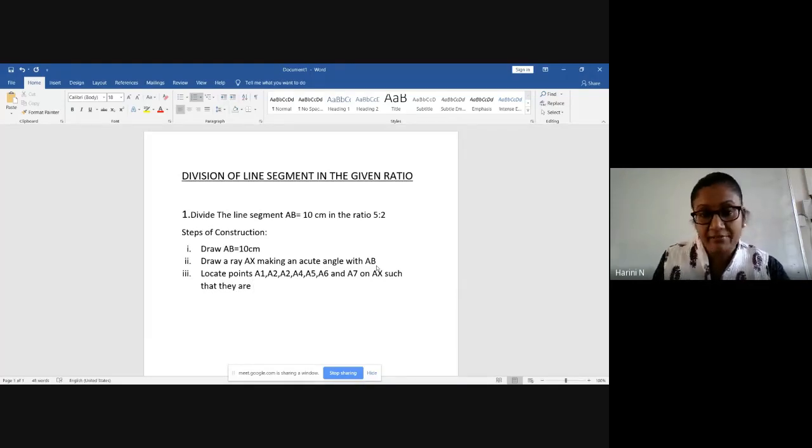Equidistant means they will be equally spaced. Equidistant from each other.